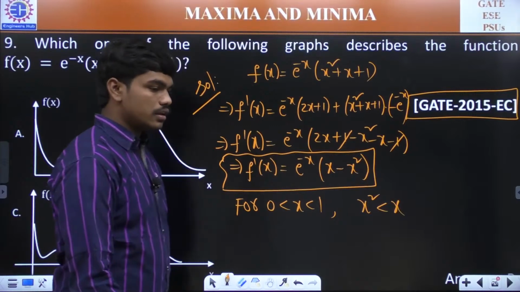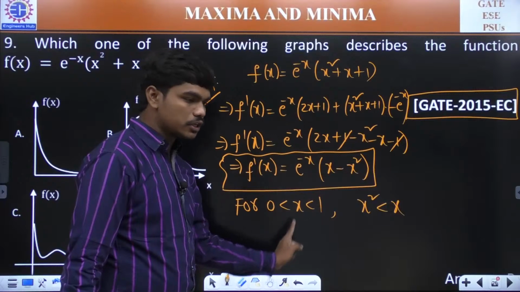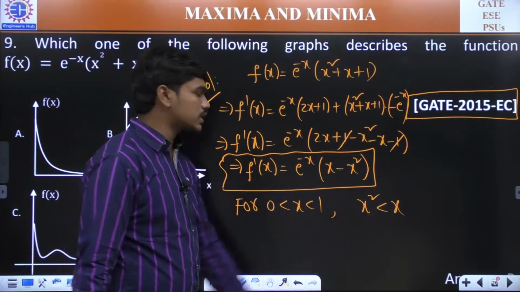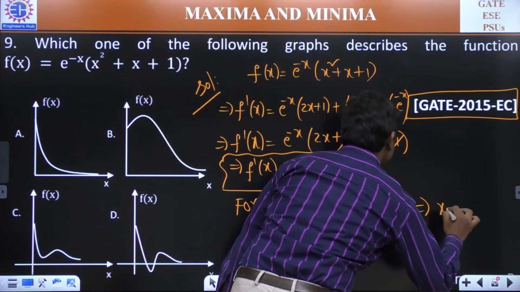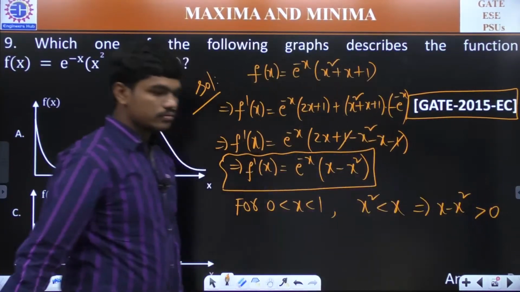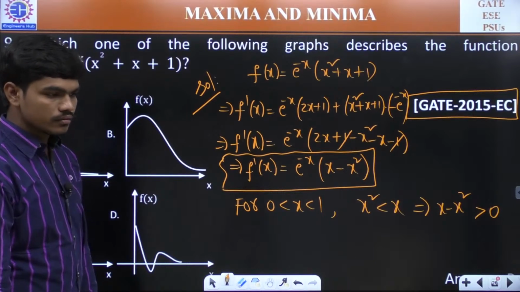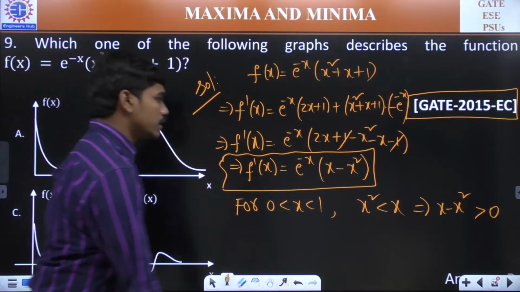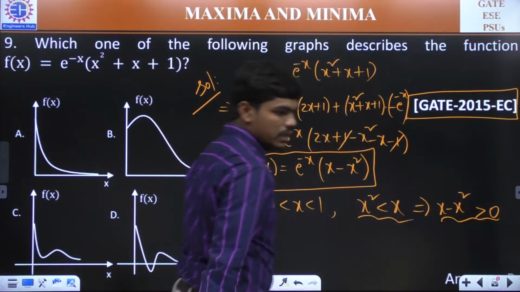First of all, tell me whether this happens or no. If x is lying in between 0 and 1, your x square will be less than x. If x square is less than x, this implies x minus x square is positive. Correct? Can you all feel this?